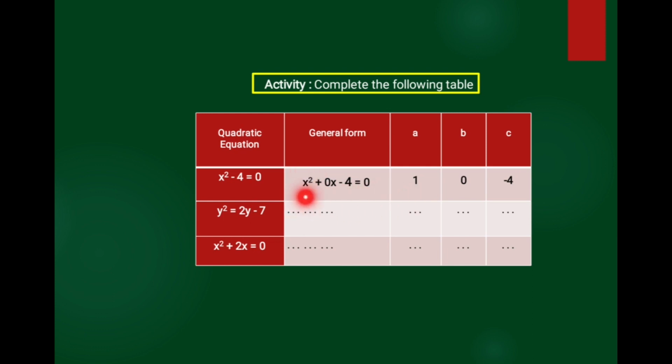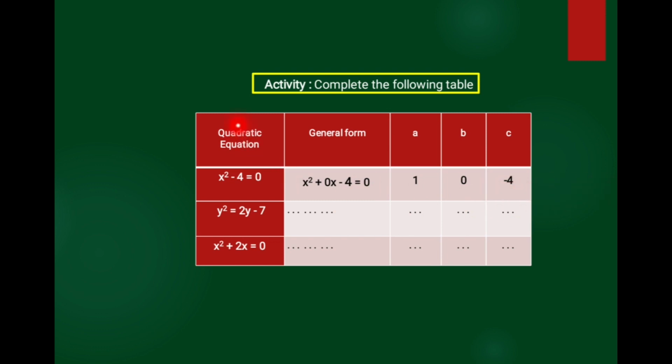Now here the coefficient of x square is not given, that means the coefficient of x square is 1. So the value of a is 1. Here the coefficient of x is 0, so the value of b is 0, and the constant is minus 4. So the value of the constant, that is c, equals to minus 4.